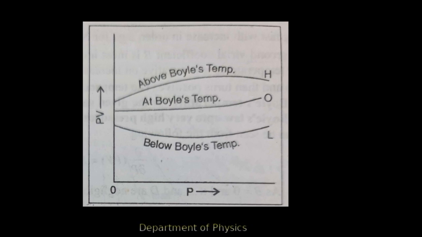The conclusion of the above experiments is shown here through PV versus P. The graph represents in general the behavior of all the gases and leads to the conclusion that none of the real gases is ideal. All the gases are imperfect as they do not obey the gas equation.